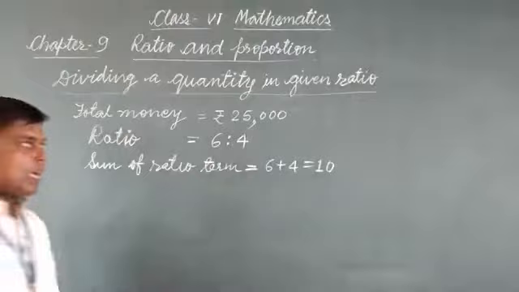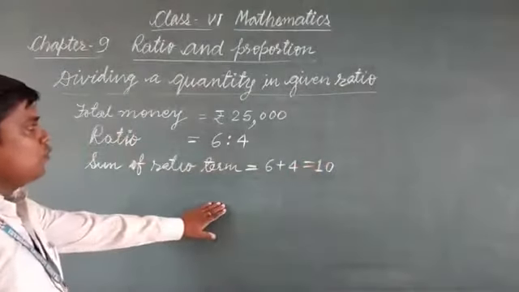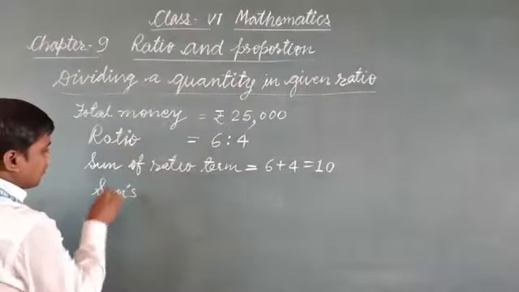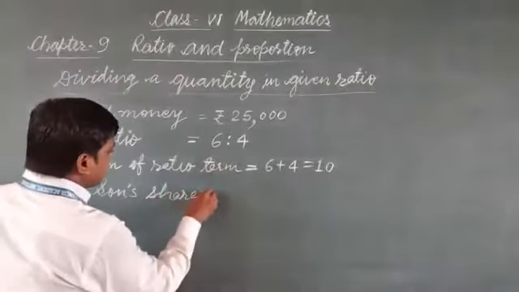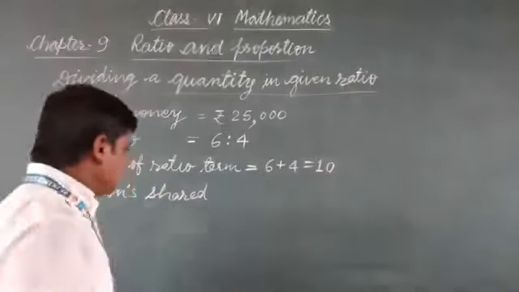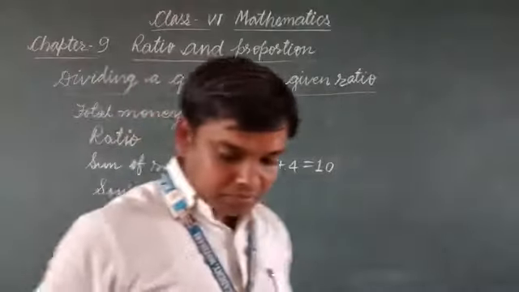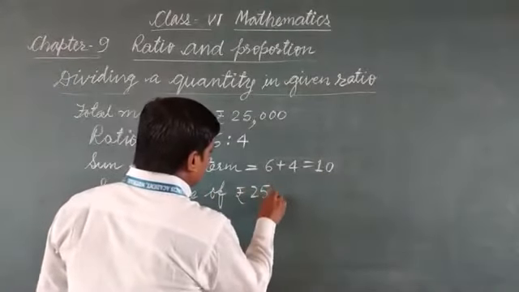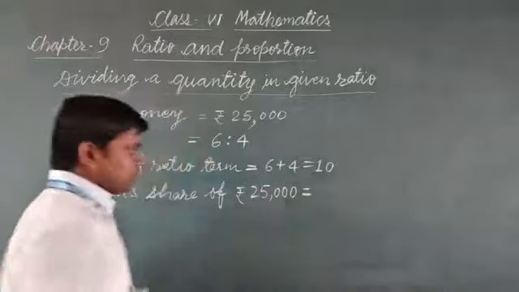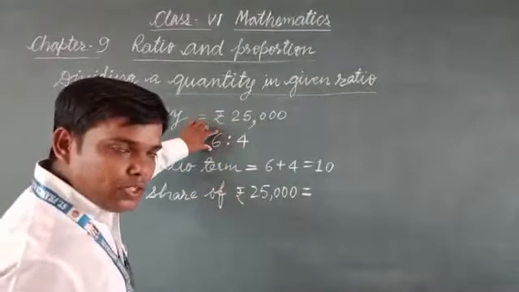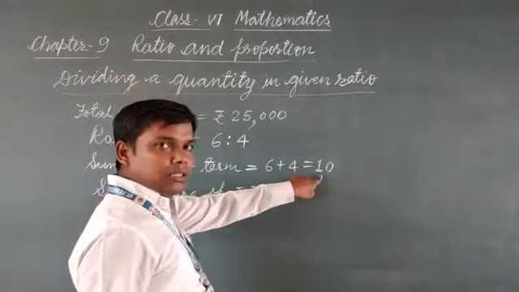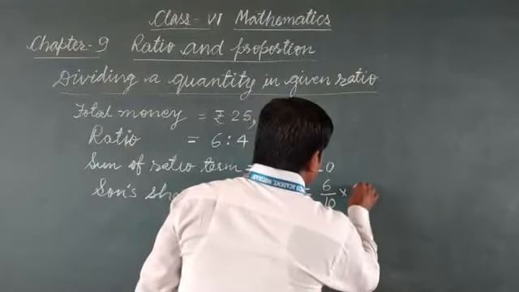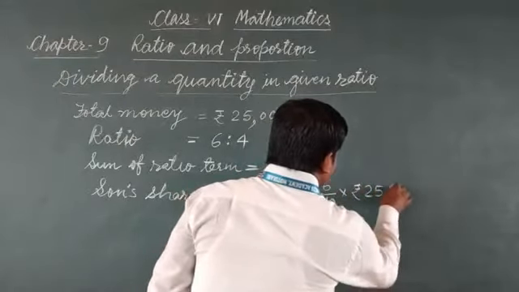Therefore, the son's share of rupees 25,000 is equal to the ratio term of the son by the sum of the ratio terms, means 6 by 10 multiplied by the given money.